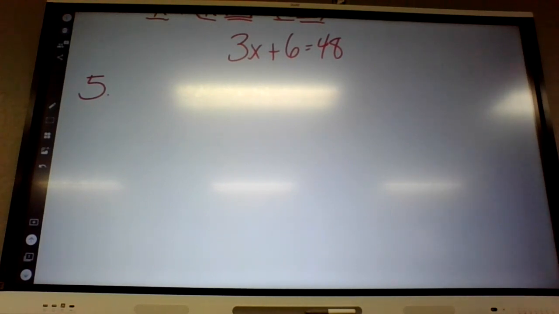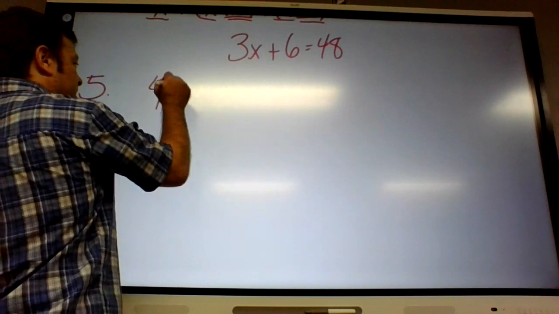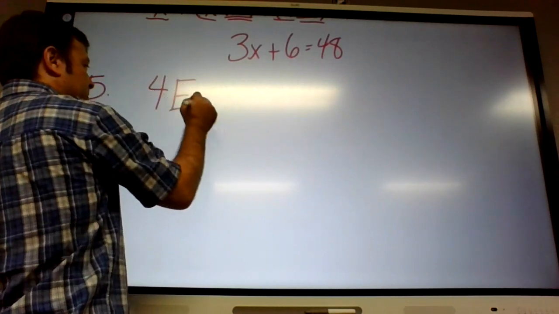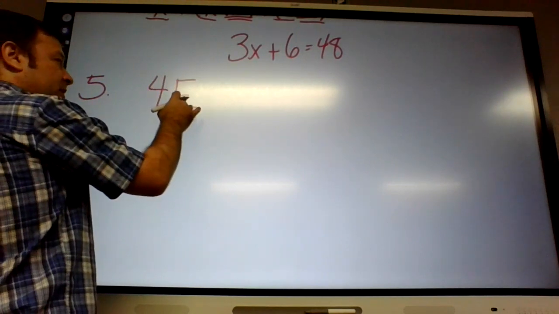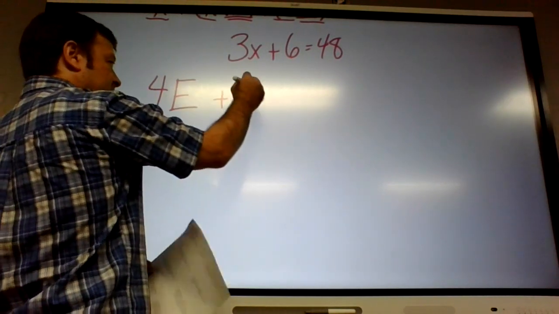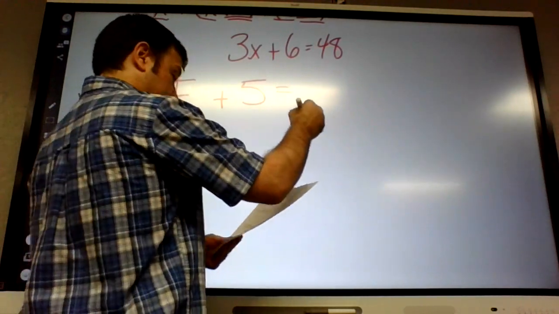Okay, you spent $5 and then 4 per eraser, and that totals 25. Yeah. 4x plus 5 equals 25. Yep, that's it. So 4 times, I'll say E for eraser cost. 4 times however much the erasers cost plus $5 should add up to, was it 25? $25.